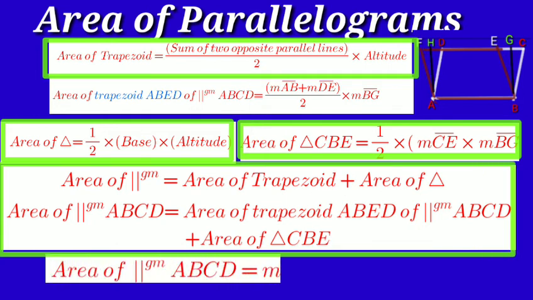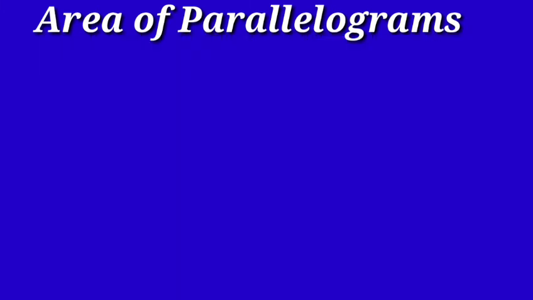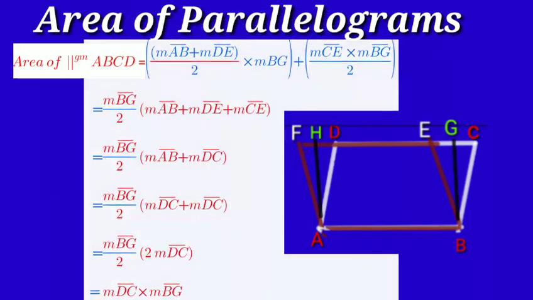So with the addition of area of trapezium and area of triangle, area of parallelogram ABCD becomes measure DC multiplied by measure BG.